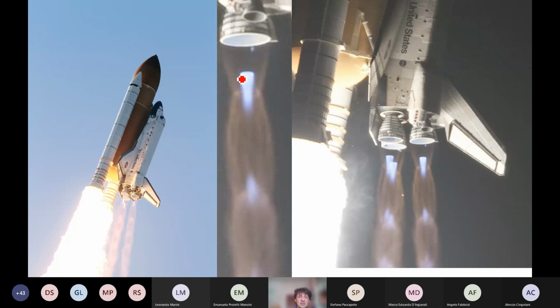And you see this Mach reflection or Mach disk here very clearly. You see the overexpanded jet of the SSME, and you see here the shock.